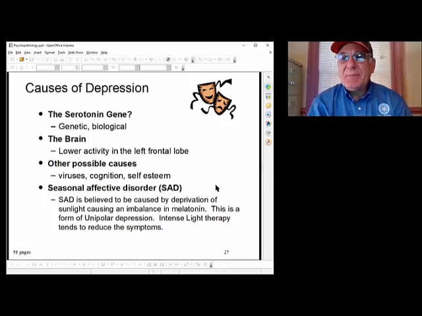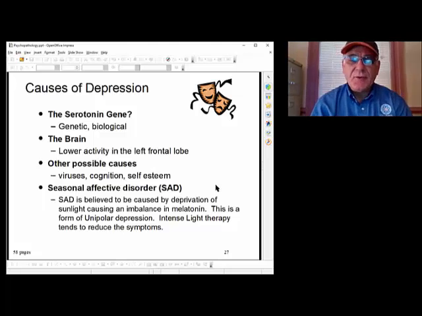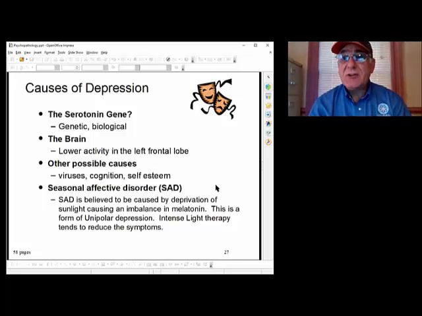Why is it that we get depressed? There's lots of different reasons, and we have talked about some of these already. The serotonin gene: if you have two short versions of the serotonin gene, then you have a greater chance of being depressed. Doesn't mean you're going to be depressed, but you have a greater chance of being depressed and to stay depressed longer than a person who has two large genes.